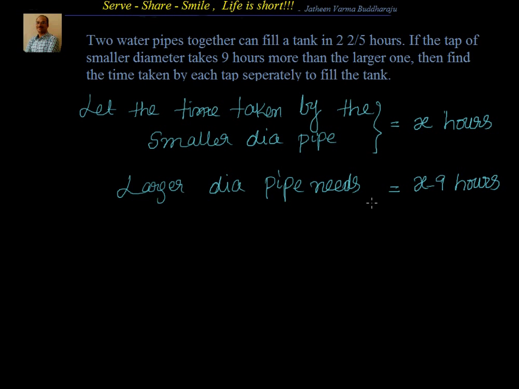That means in 1 hour, how much can the smaller pipe fill? In 1 hour, what are we actually doing? Equating the work done in 1 hour on both the left hand side and the right hand side.